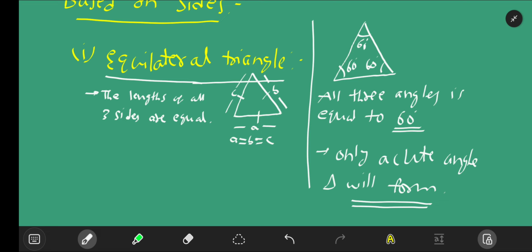Remember these points. First point is the length of all three sides are equal. That is what we call equilateral triangle, and all three interior angles are equal to 60 degrees. Remember this point.